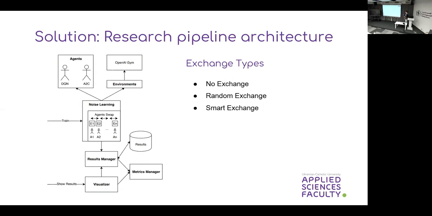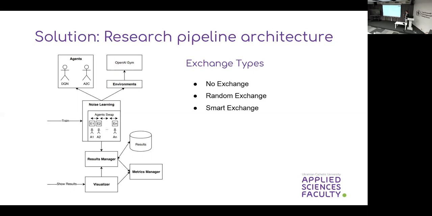And for the environment, we chose the CartPole environment from OpenAI, and we have our own wrapper on top of it to add noise. In the noise learning model, we train those agents in parallel, and after some number of iterations, we exchange them by the described rule. And we store these results on the file system so we can analyze them further.